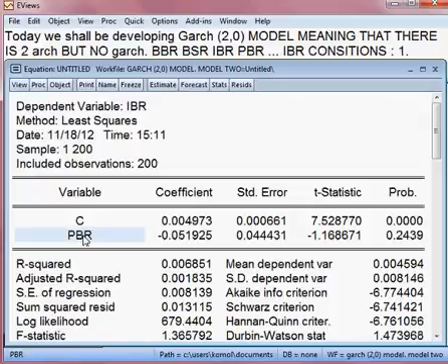Now we check the residual of this model.